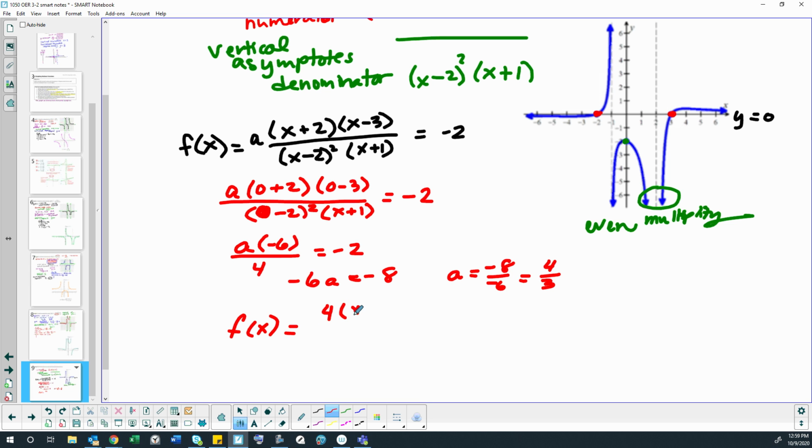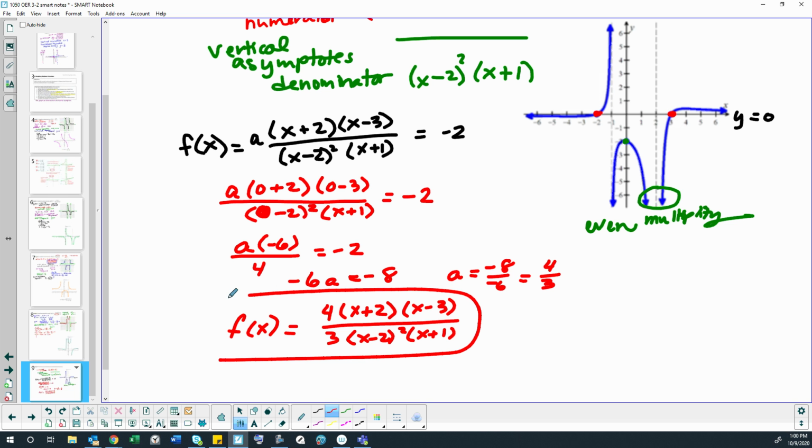So 4 times x plus 2 times x minus 3 over 3 times x minus 2 squared times x plus 1. Ta-da! That should be the equation for our graph that will give us the correct x-intercept, the correct y-intercept, the correct asymptotes, and the correct end behavior here with our multiplicity.